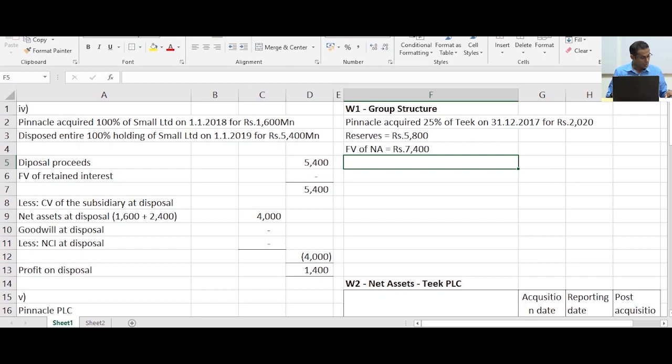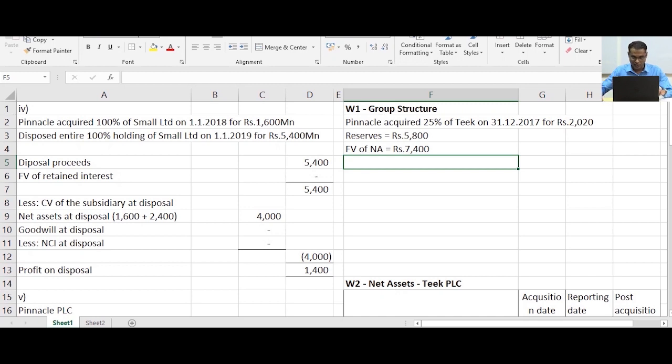On 30th September 2019, that means during the current financial year, after 9 months, a further 35% stake in Teak PLC was acquired for 4,025 million, giving Pinnacle PLC control over Teak PLC. This is what I mentioned about the step acquisition.